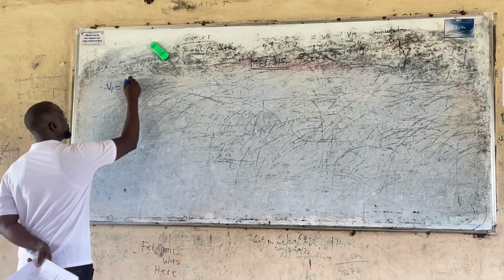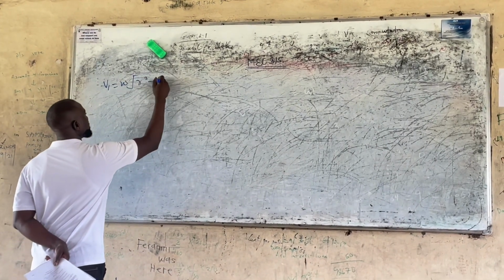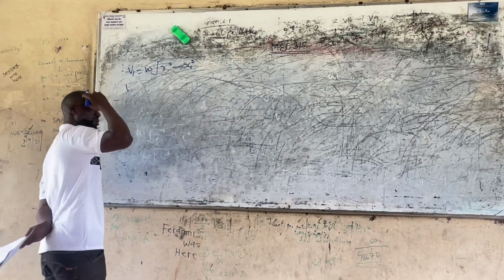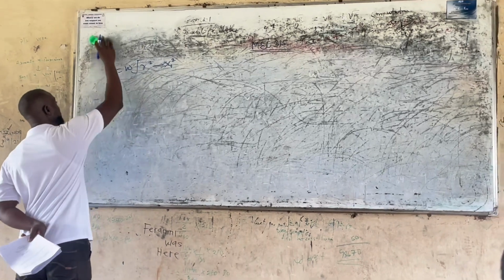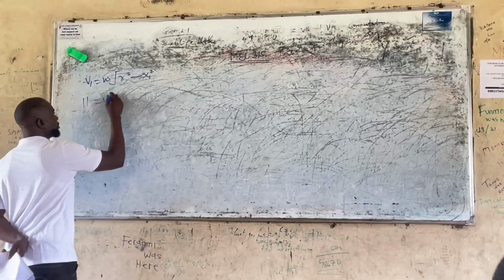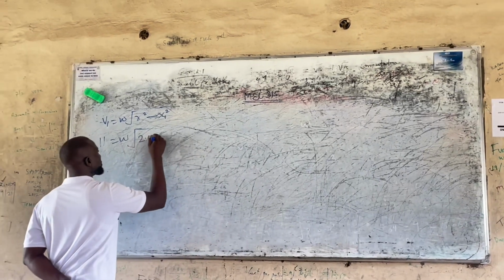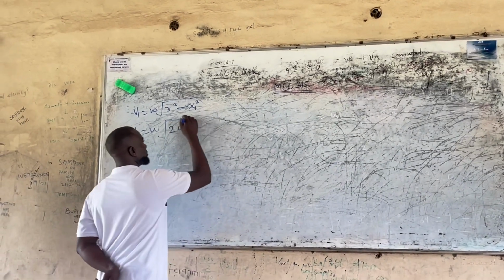V1 is W times the root of R squared minus S1 squared. V1 is what? 11. What's our R? What's our S1? 0.75.